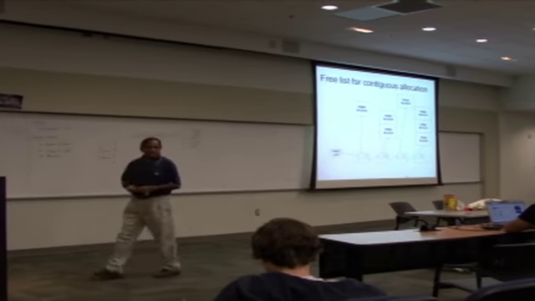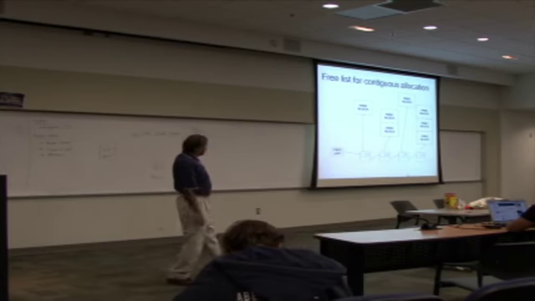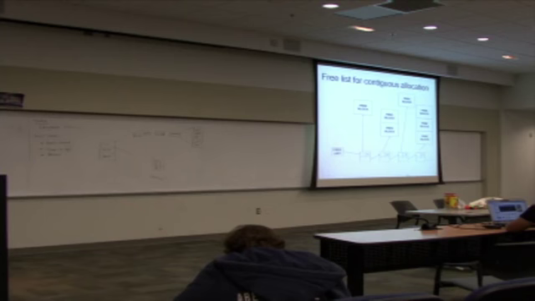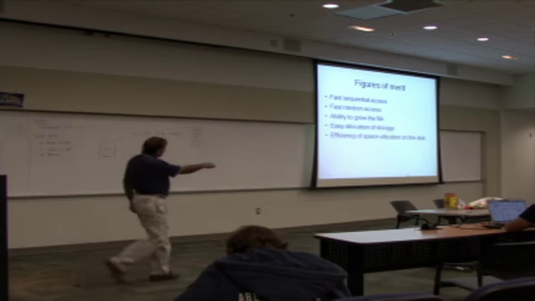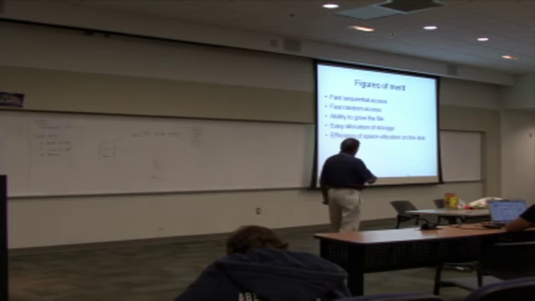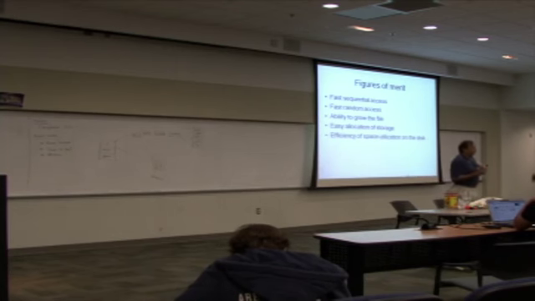So we can fix this, and in particular, you remember one of the figures of merit that I mentioned before is efficiency of space utilization, right? What this means is that we want to reduce both internal and external fragmentation, right?